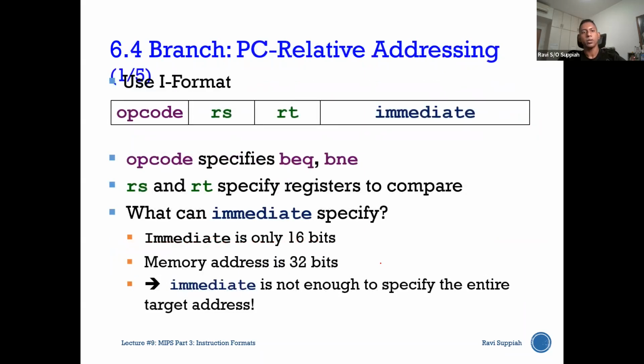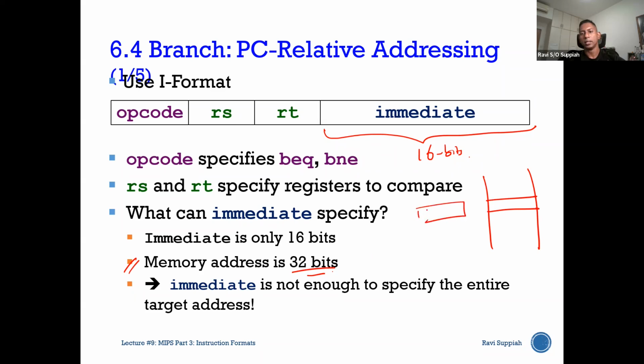So how can we encode the branch instructions using the I format? When we use the I format, the immediate value that we can specify is only 16 bits. But from the earlier slides, we already saw that every address location in memory is specified by a 32-bit address.